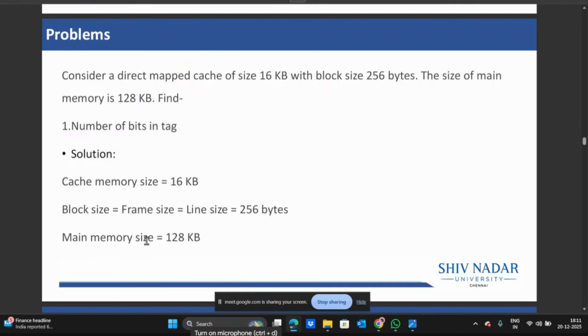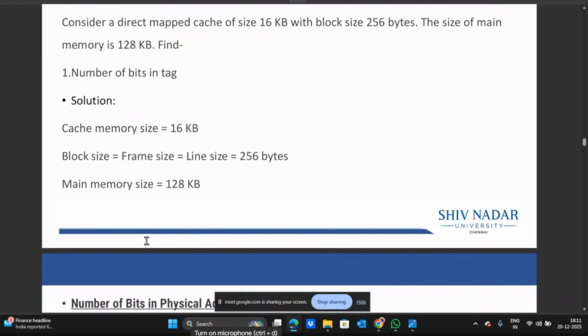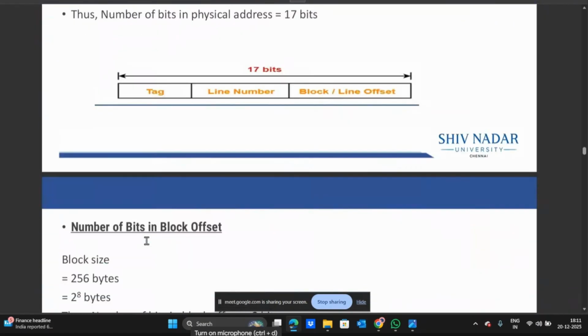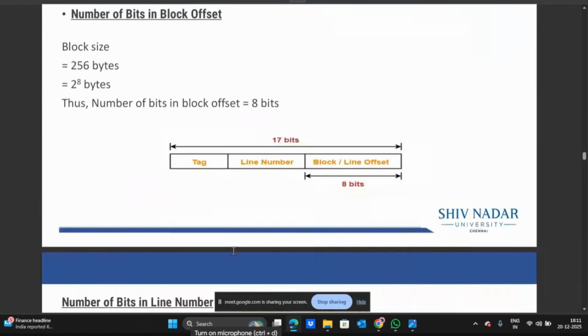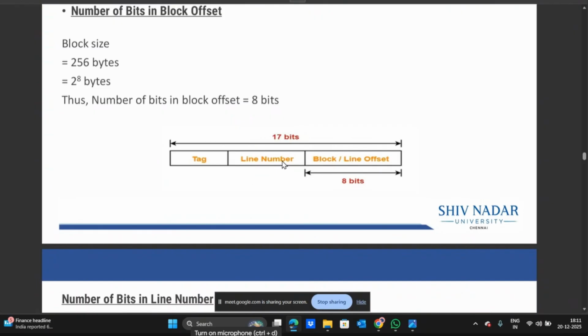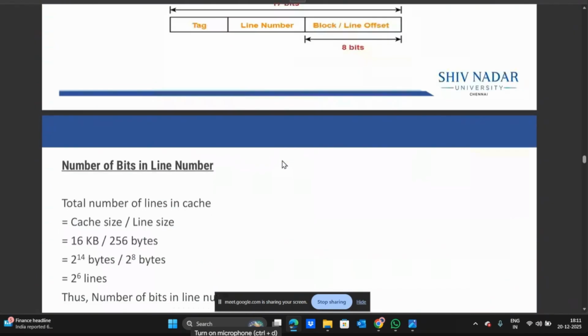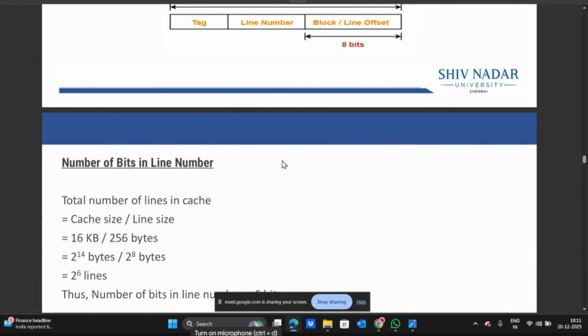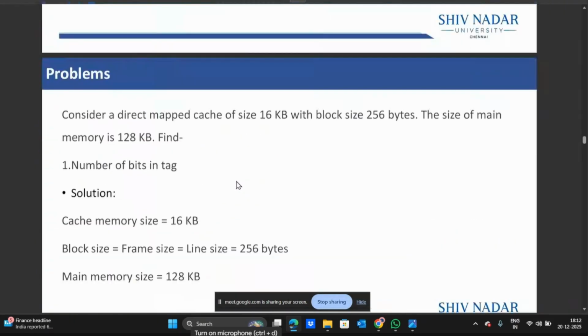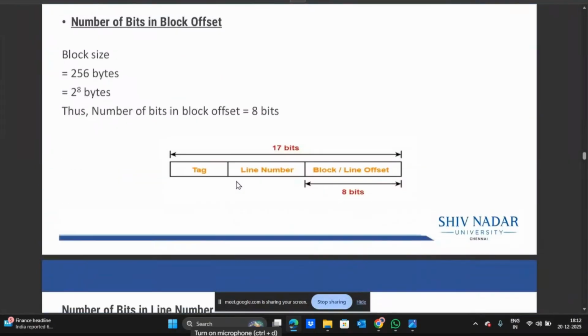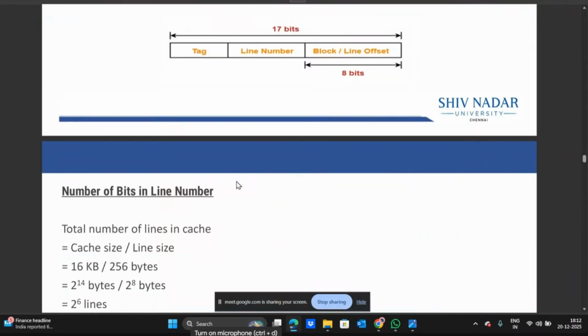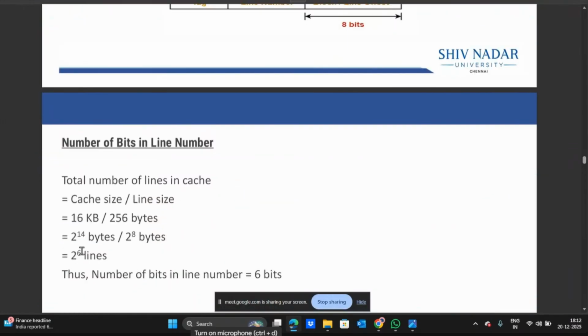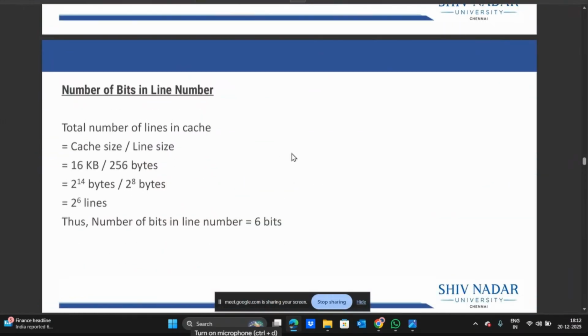Anything you can equate to the size of the block. So 8 bits have gone for the offset, as I told. Next, the line number is the cache size divided by the line size. Line size is 256 bytes, 2 power 8. Cache size is given as 16 KB, so 2 power 4 into 10, 2 power 14. 2 power 14 divided by 2 power 8 is 2 power 6. So 6 bits have gone to line.